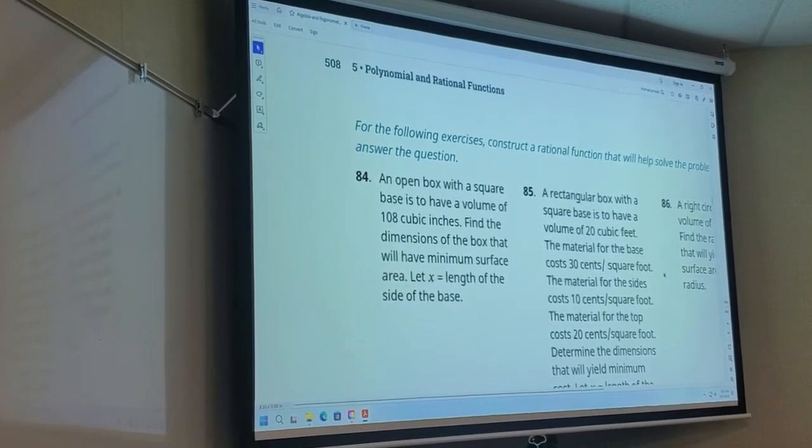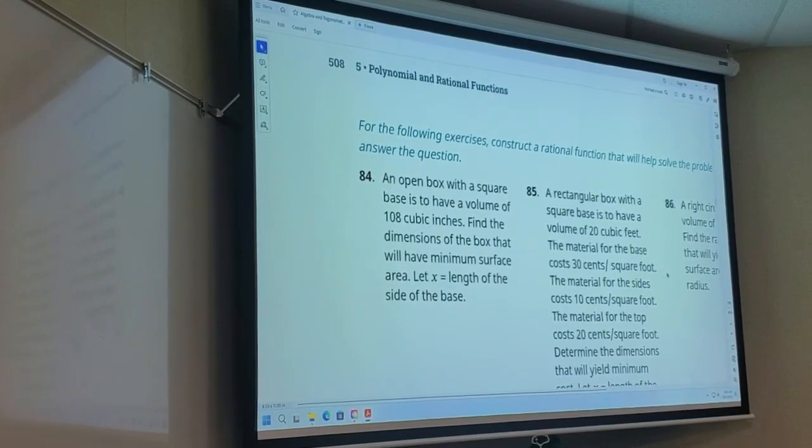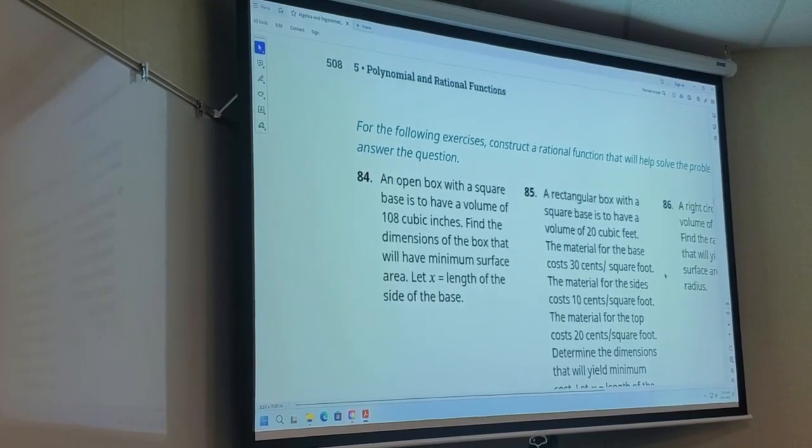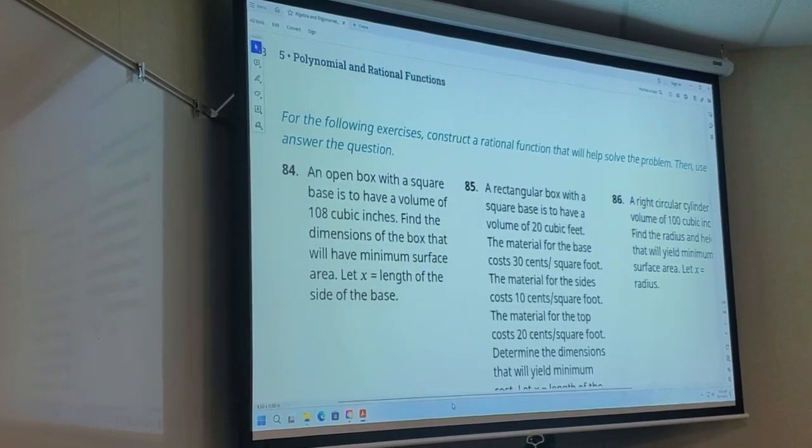I subtracted it over, but then I got this. So here you got this, then you plugged it in. And this one, all it says is use a calculator to answer the question. So that's the part, right? Use a calculator to answer the question.